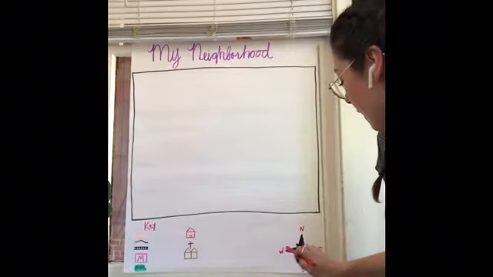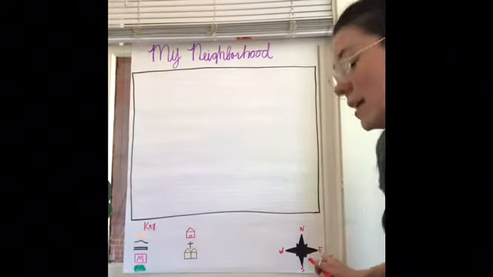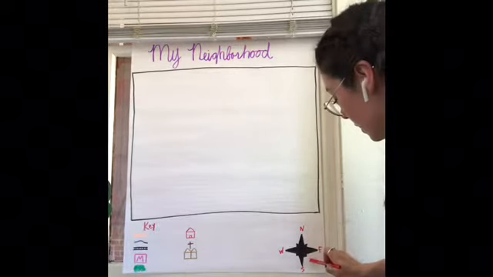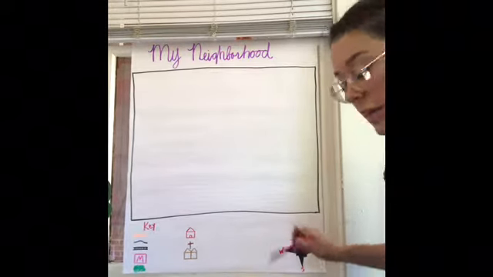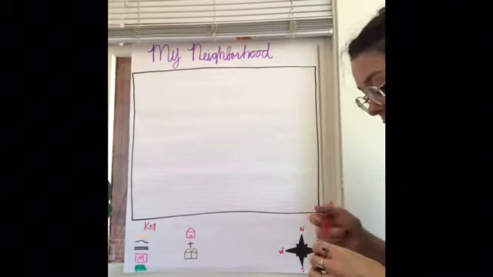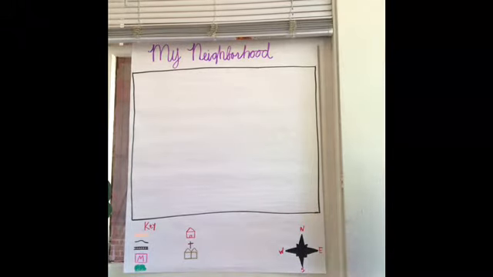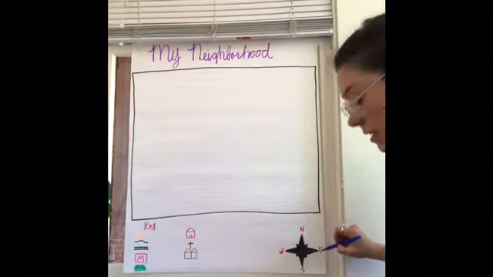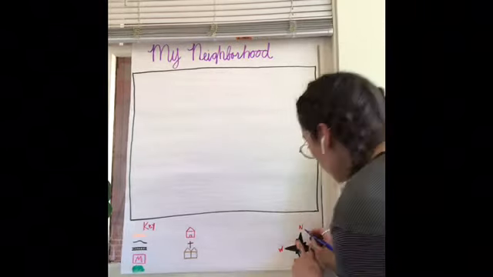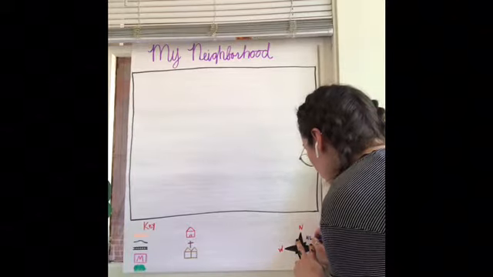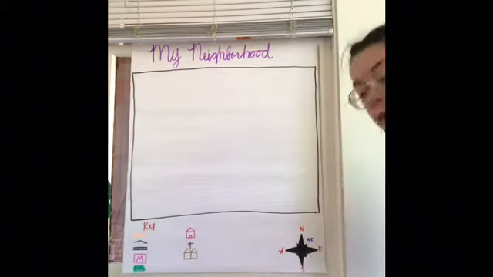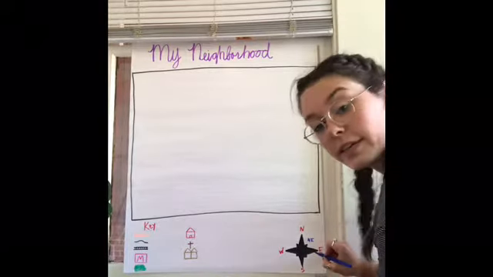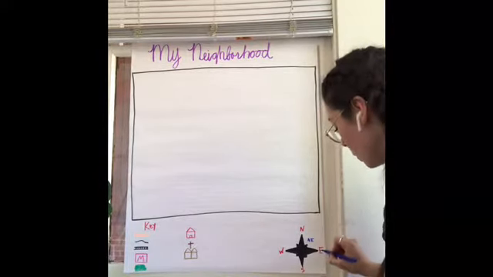Okay? And then next we have our intermediate directions, which will be these little points in between our big ones. So if we have north and east here, this one will be northeast. Okay, all you do is put the letters together. So down here would be southwest.